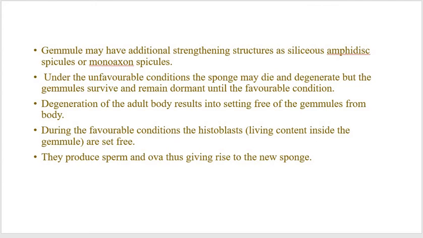Under unfavorable conditions, the sponge may die and degenerate, but the gemmules survive and remain dormant until favorable conditions return. The surrounding layer of the gemmule degenerates in unfavorable climatic conditions, but the inner reproductive body remains alive for a longer period of time.